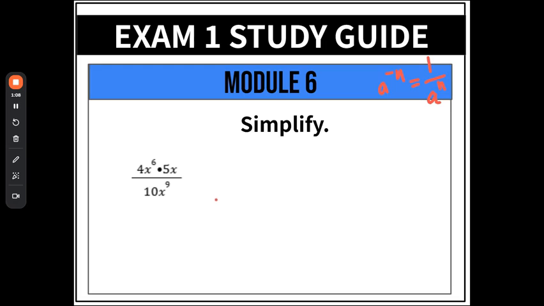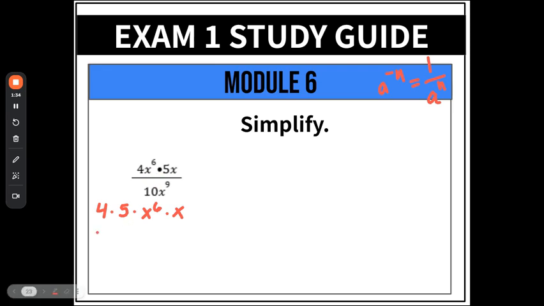Okay, so what we need to do first is we need to group. We're going to use a grouping tool. So we want to group these numbers together, and then we want to group the x's together just to get our common bases next to each other. So I'm going to rewrite this as 4 times 5 times x to the 6 times x.